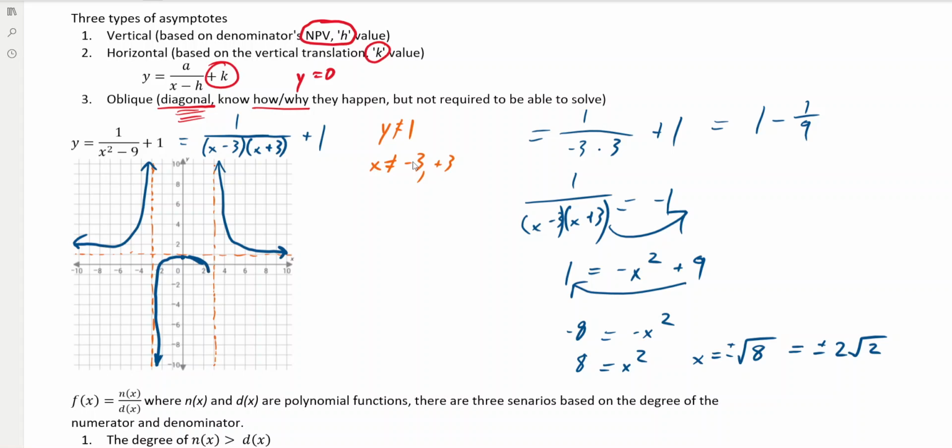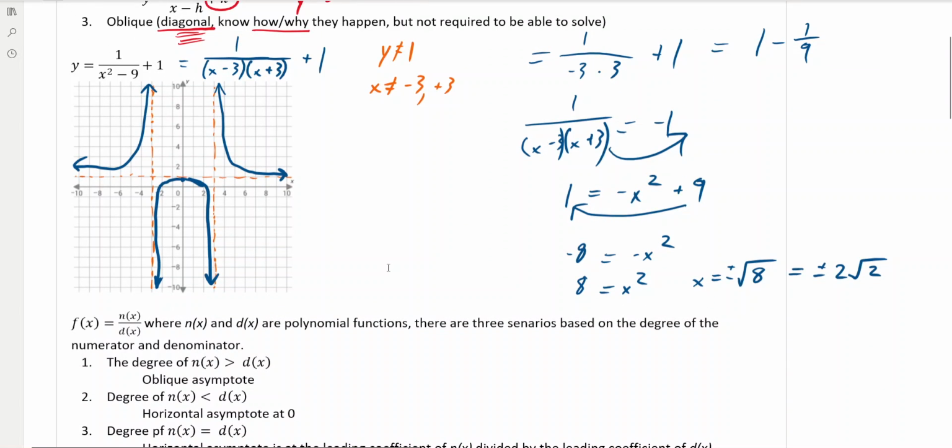It's going to look more like this. You can test a couple of numbers to make sure your direction is right, but it's going to look something like that. Again, it doesn't need to be perfect. Just make sure your directions are right and these asymptotes are correct.